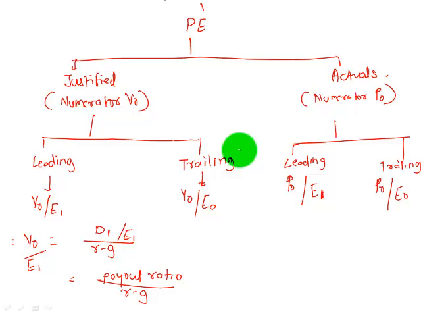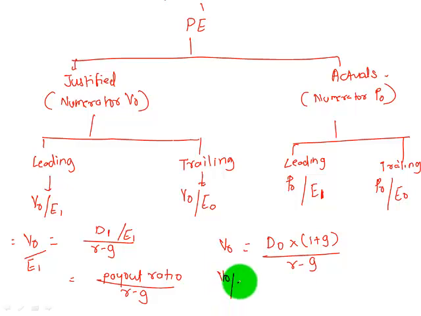Should we move on? How can we derive trailing? So again, say this. V0 is equal to D0 into 1 plus G divided by R minus G, correct? Let's divide both the sides with E0.